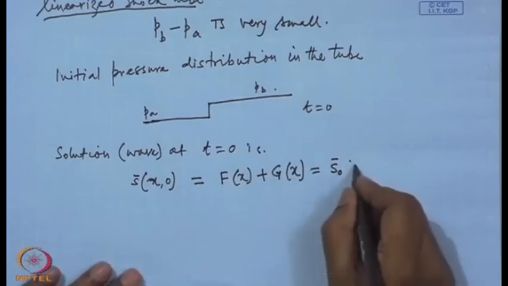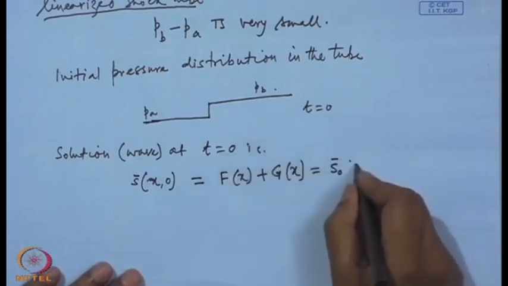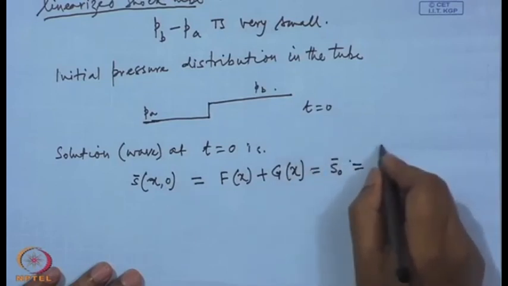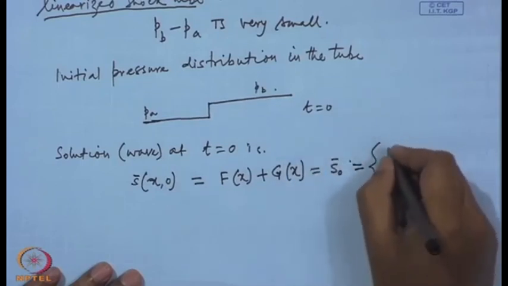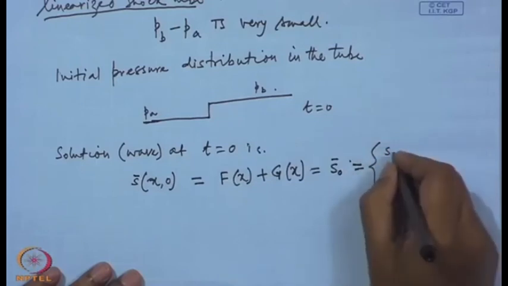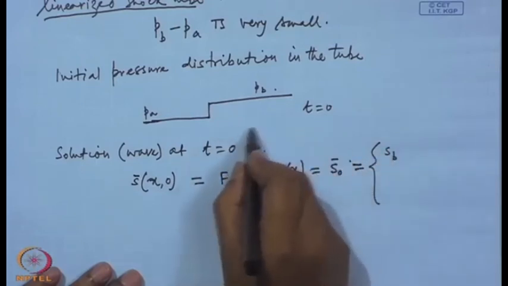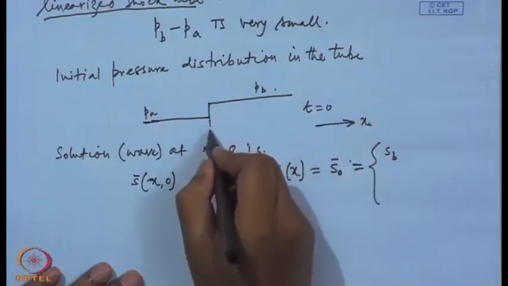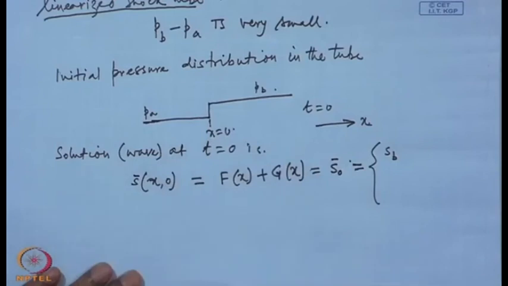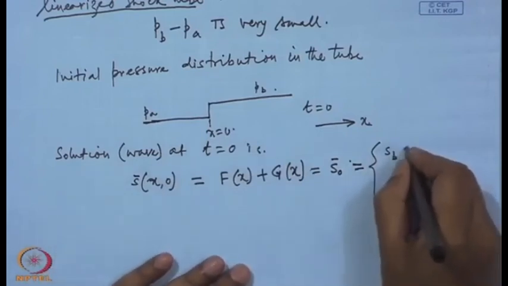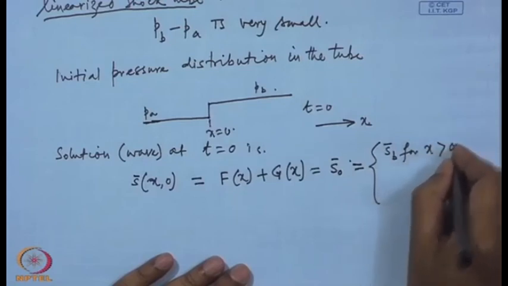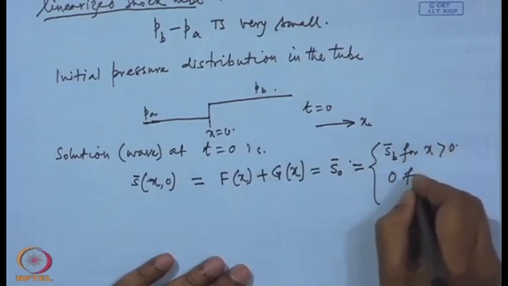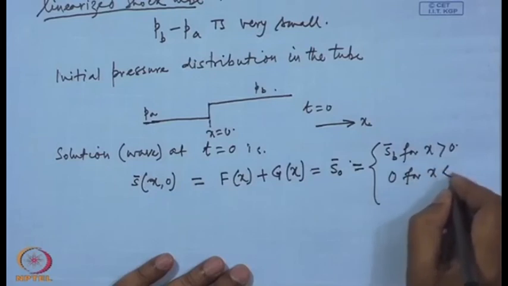Obviously the density will also have a step distribution corresponding to the pressure, and let us say this is S b for x greater than 0 and it is 0 for x less than 0.